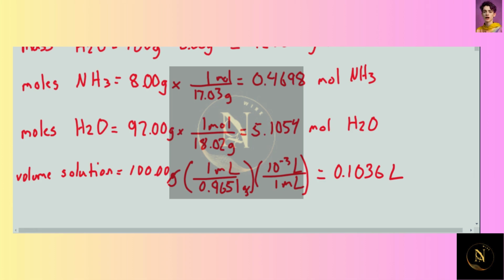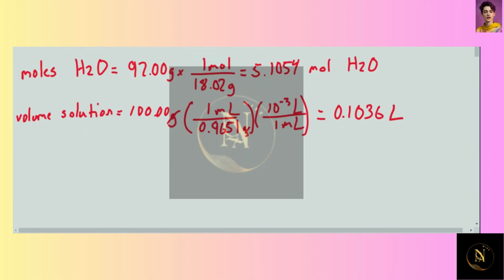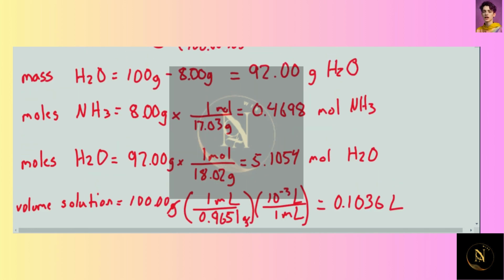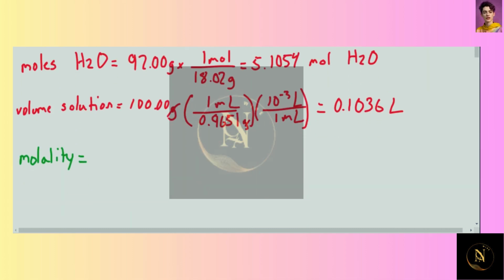So with all these values in mind, let's go ahead and move on to our concentration calculations. So first is molality. So molality is moles per kilogram of solvent. So moles of ammonia is 0.4698.